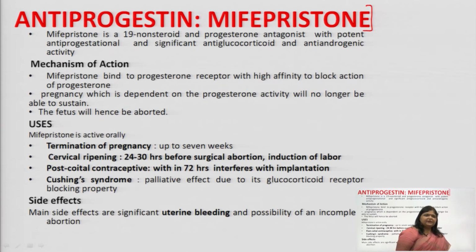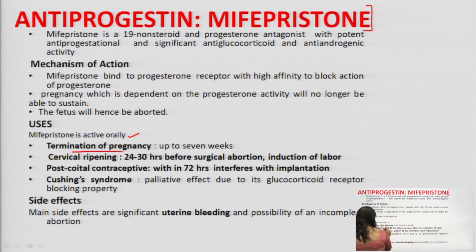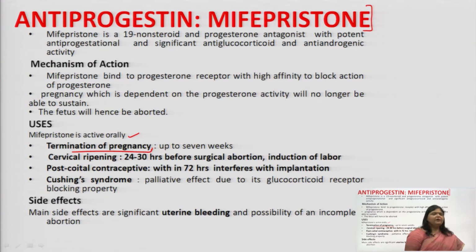It inhibits the receptor, the opposite action, so it is used in abortion. Fine. So where is it used? It is used in termination of pregnancy. Up to 7 weeks of pregnancy can be terminated by using mifepristone.